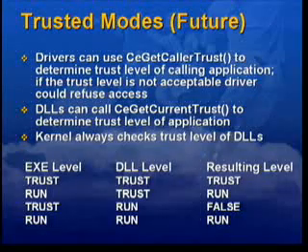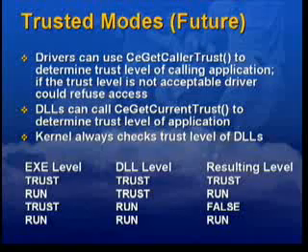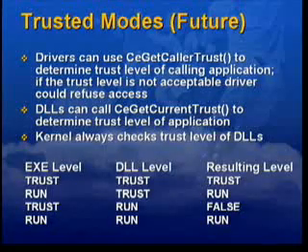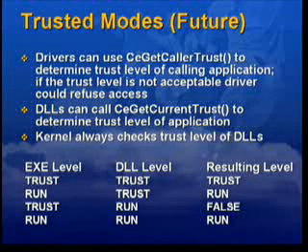There's another API that DLLs can use, called CEGetCurrentTrust, and this will allow DLLs to determine the trust level of applications. So for example, if you're writing an application and you only want it to run in trust mode and not in run mode, you can check that and disable or not load your DLL.